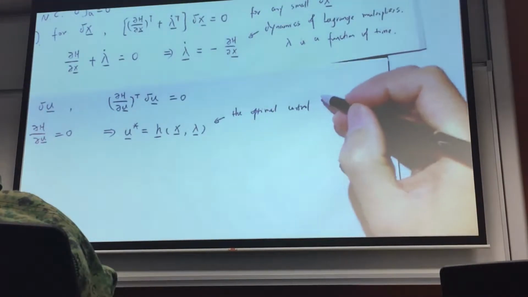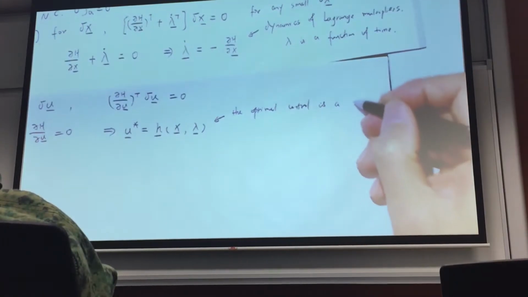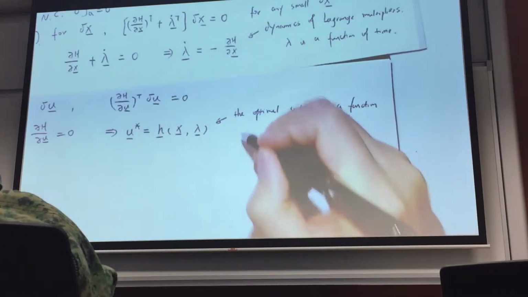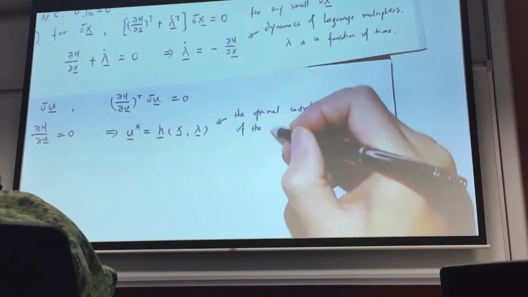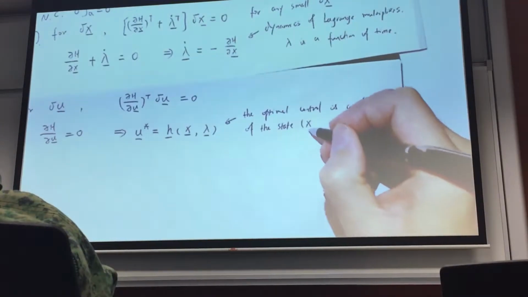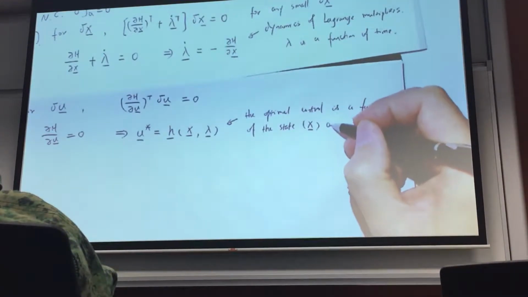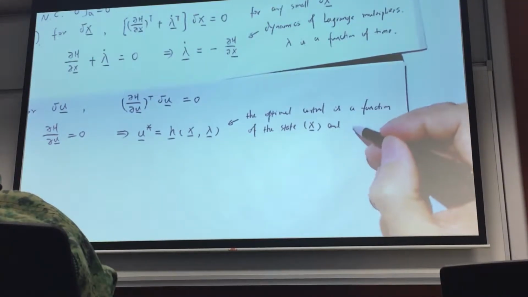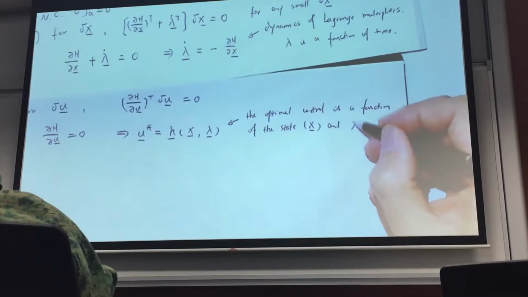The optimal control is a function of the state vector x and the Lagrange multiplier lambda.